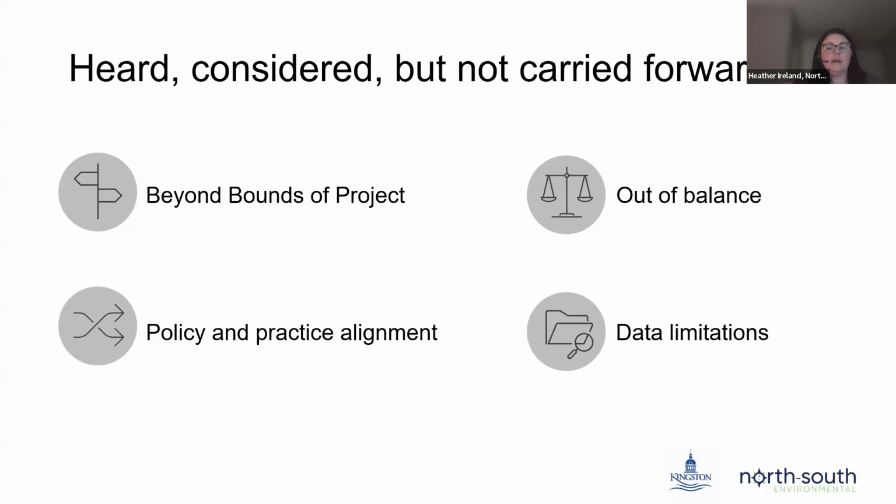And then some items were captured in policy, but couldn't be mapped due to data limitations, for example, enhancement areas, riparian zones, and site-specific linkages that really require more site-specific evaluation to be done through an environmental impact study or a subwatershed study at the time of development.